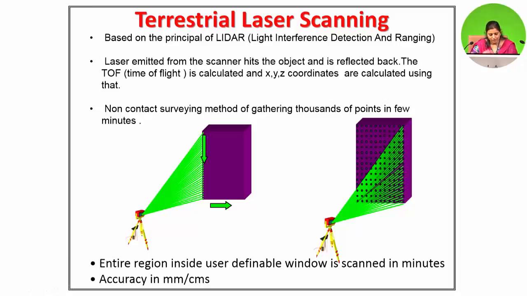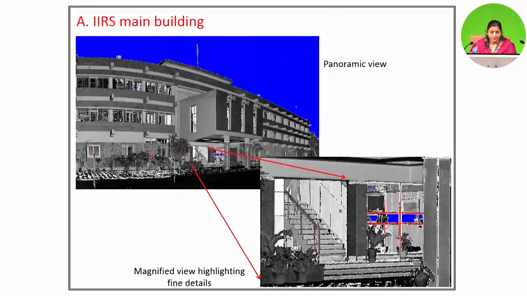The entire region inside a user definable window is scanned in minutes, and the accuracy that is achieved is in millimeters and centimeters. So this is a point cloud which was generated using terrestrial laser scanning.